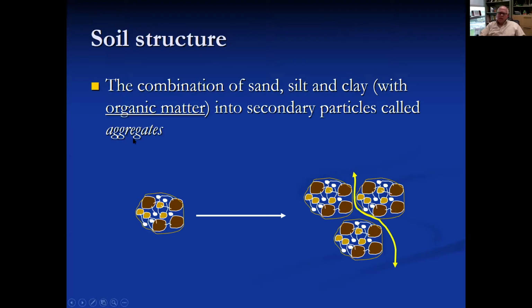I can make clods just by smashing stuff together. But aggregates are formed by the intimate interaction of organic matter with the sand and the silt and the clay-sized particles. When that happens, it draws those particles together in units that then opens up planes of separation between the aggregates, and now we get larger pores that form in the system.